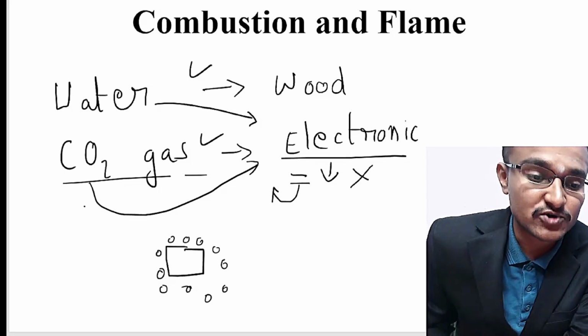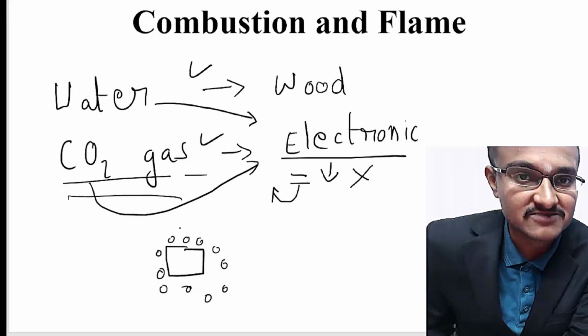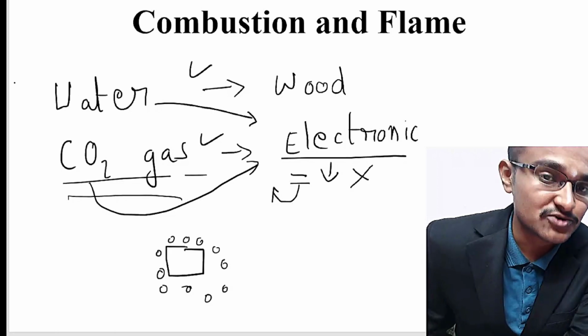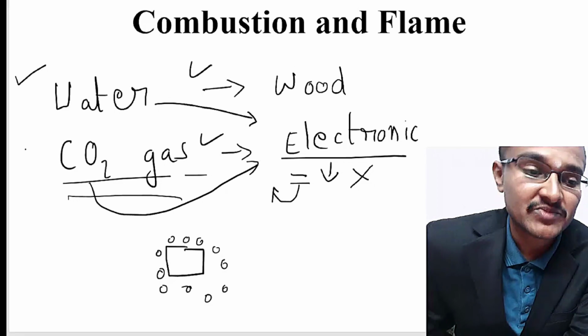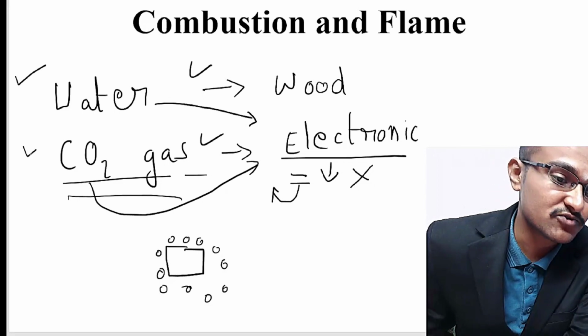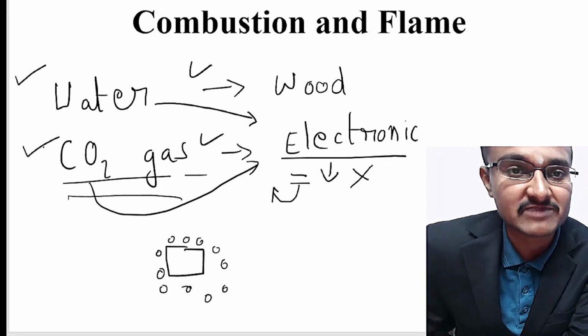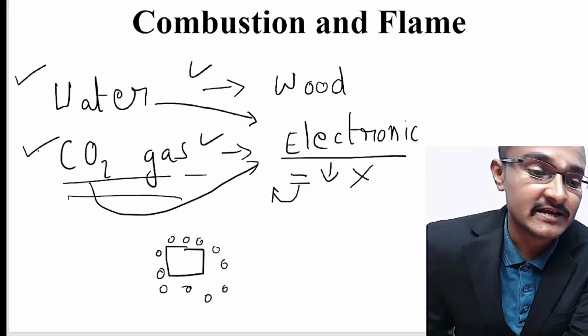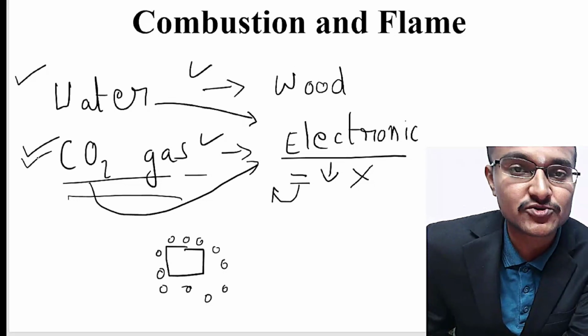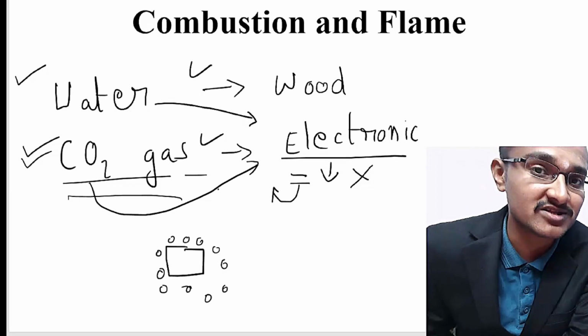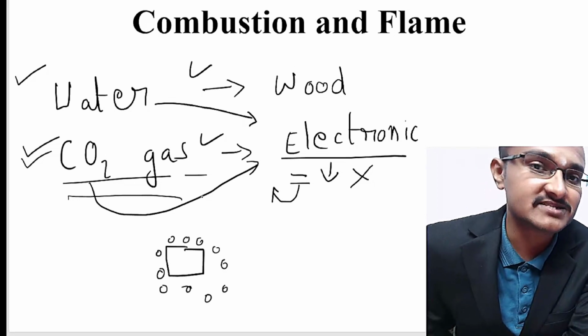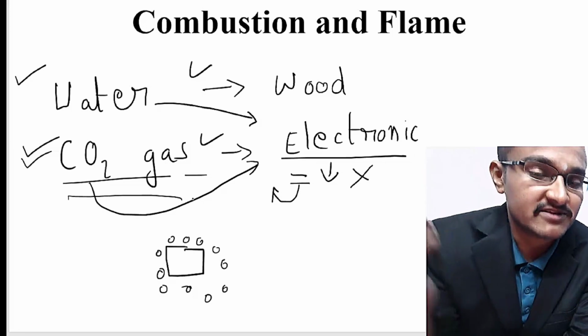So according to the situation, sometimes we can use water to extinguish fire, and in some situations CO2 gas is very useful. In most cases, CO2 gas is used because it easily goes and deposits on the surface of objects and hence extinguishes the fire.